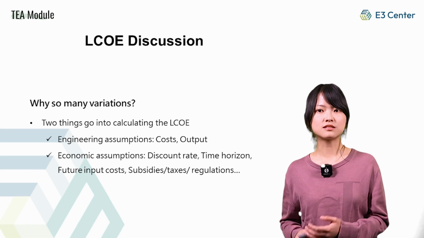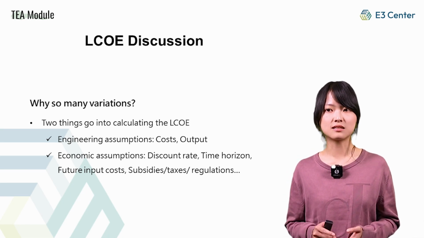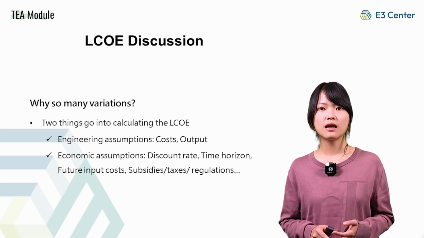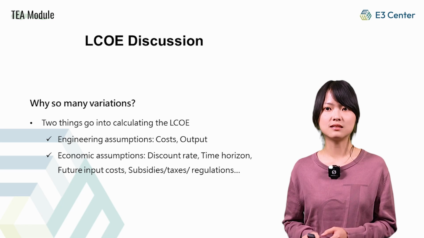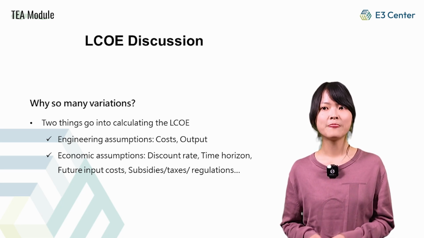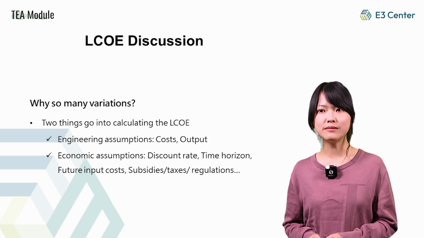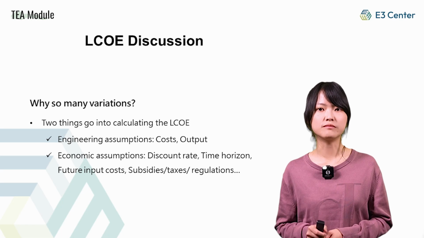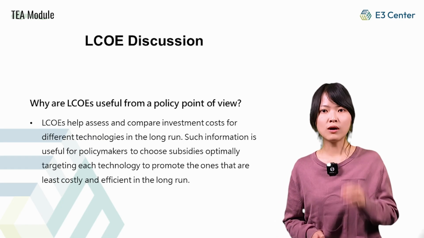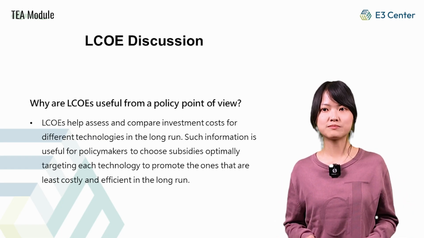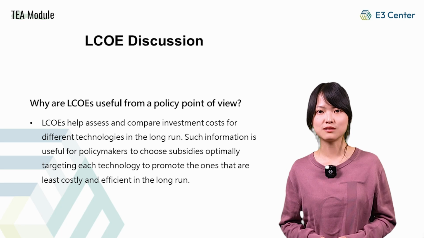Furthermore, external factors like subsidies, taxes, and regulations can also significantly change the LCOE, making it a dynamic and context-sensitive measure. So why is LCOE so variable, especially from the policy perspective?